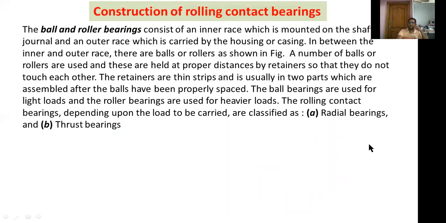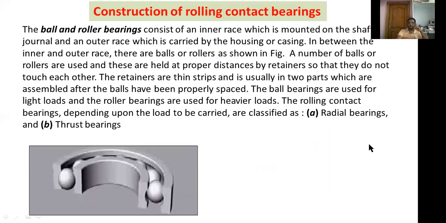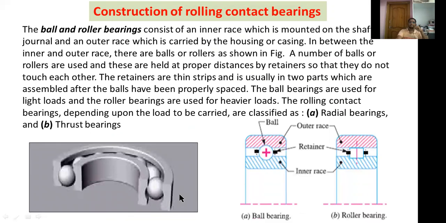Now I will explain rolling contact bearings briefly. The ball and roller bearings consist of an inner race. This is a ball bearing example, this is a roller bearing example.